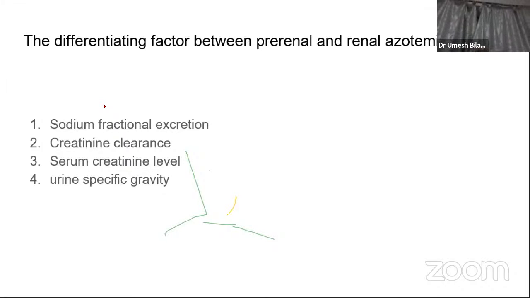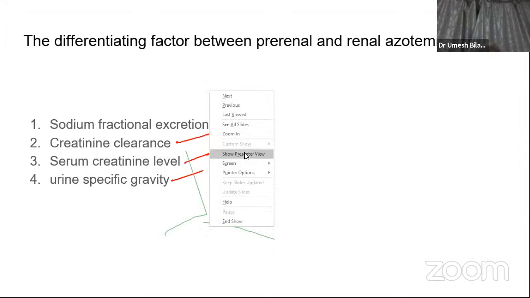Differentiating factors between pre-renal and renal azotemia are sodium fractional excretion, creatinine clearance, serum creatinine level, urine specific gravity. Which one, students? Tell me the answer now.